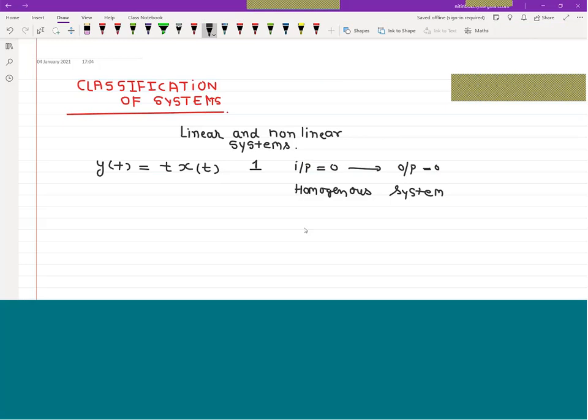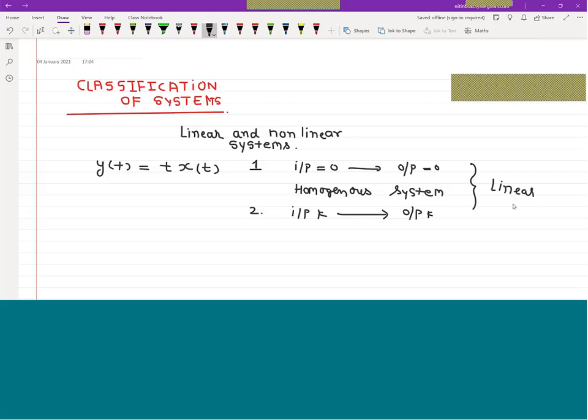And if input is multiplied by k, some non-zero constant, and it results in multiplication of output by k, if the system satisfies these two properties, then you can say the system is linear in nature.